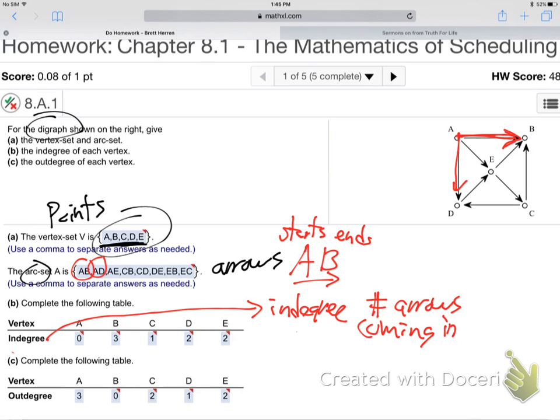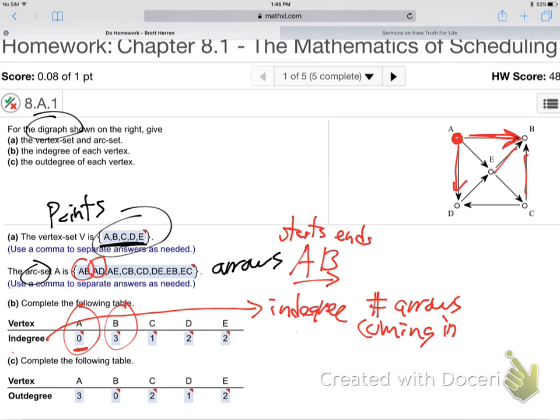So look at point A up here. How many arrows are coming in to point A? None. They're all going out from A. So that's why we're saying none. How many arrows are coming into B? Well, it says 3 because you see there's 3 arrows coming into B. In degree, number of arrows coming in.